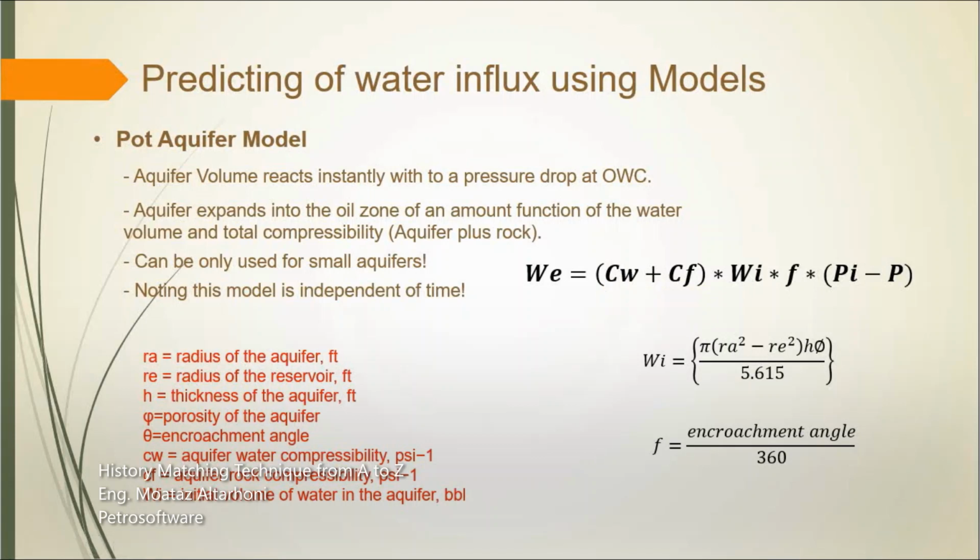Also, in this equation, independent of time means that when the pressure drops in our reservoir, the water influx immediately invades into the reservoir, driven by water and rock expansion. But that will not work if we have a strong water influx, like in our case.